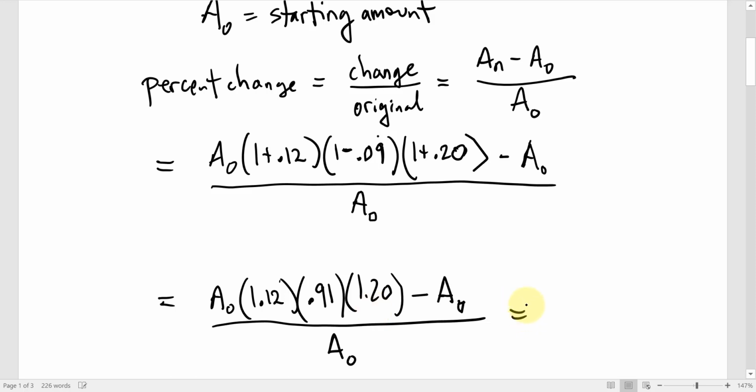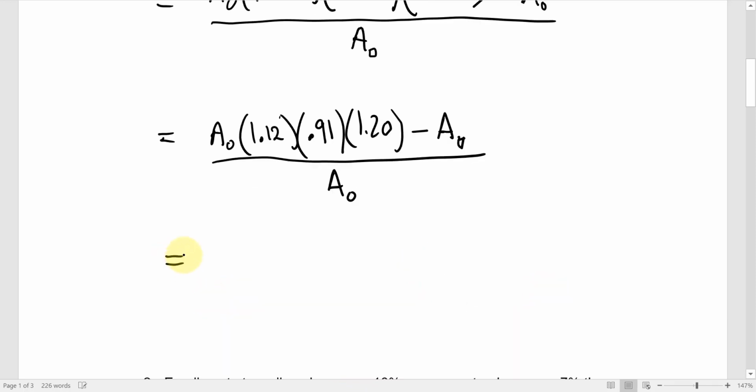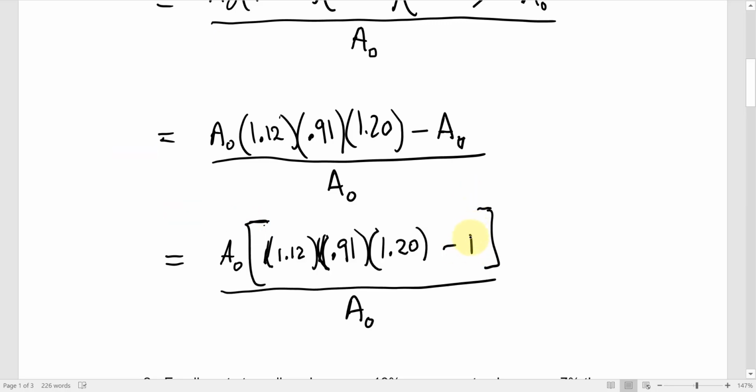Now, if you see the algebra, this A0 quantity can just factor out and cancel with the denominator. As I move on to the other examples, I won't even write this step because it happens every time, and we can start to speed things up. There's going to be a minus 1 here because I'm factoring out A0, the initial amount, and that initial amount won't matter.